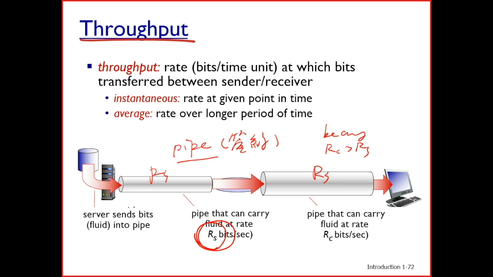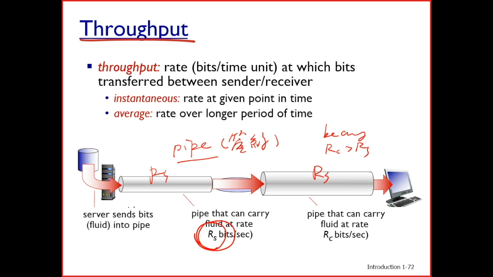About the current label, is it okay? Throughput for the first link is RS, and for the second link only RS, not RC, even though RC is a larger value. So this is the first scenario.